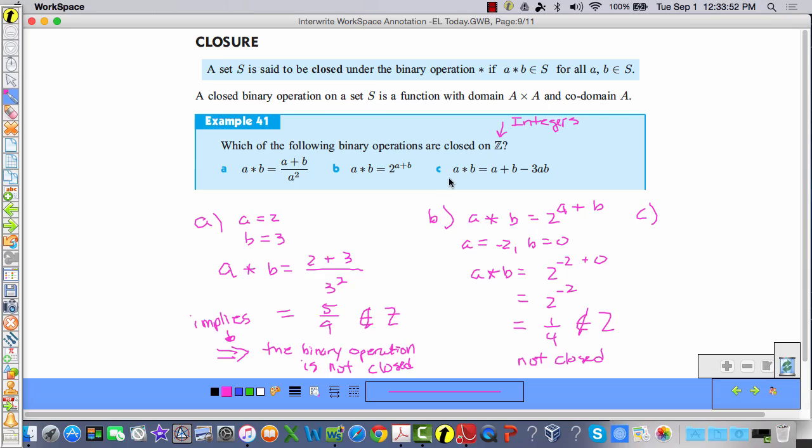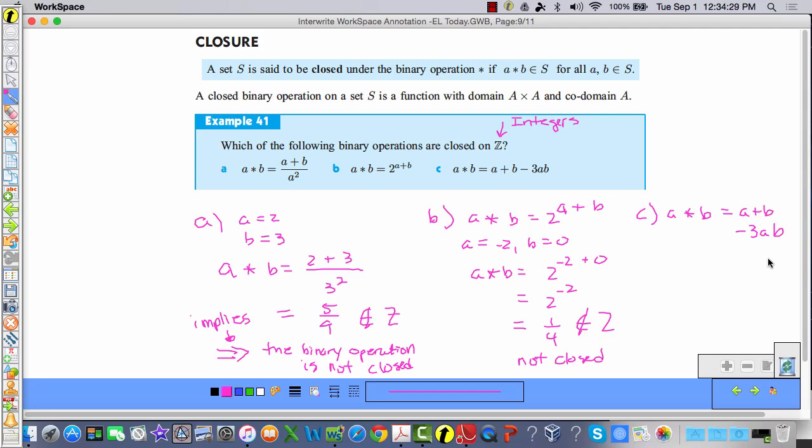Okay. So here we go. A star b is equal to a plus b minus 3ab. Okay. So let's think about what's happening here. I'm taking integers, I'm adding them, and then I am subtracting the product. Okay. There is no way with positive or negative integers or 0 to get anything but an integer.